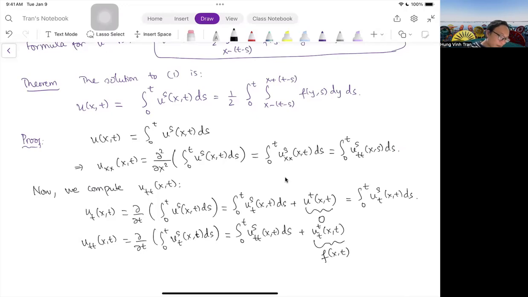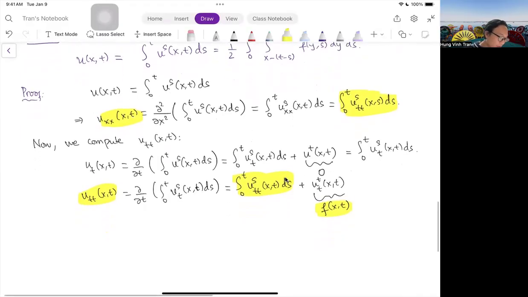Okay. Now if you compare the two formulas, u_xx equals the integral from 0 to t of u^s_xx(x,s) ds, and u_tt equals exactly this integral, and we have the additional term, which is f(x,t), representing the source term, right?